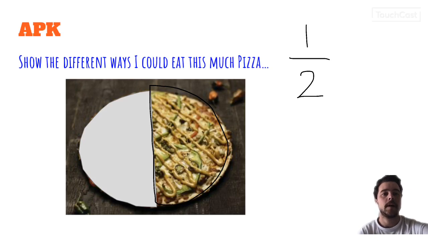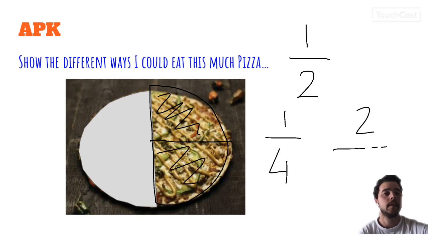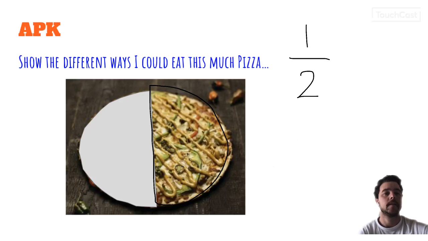Or I could get my knife and I could cut it along there and eat this much of it, which would be a quarter. Or I might eat both of those. So it might be 2/4. I want you to show me as many different ways you could eat this pizza, different fractions.